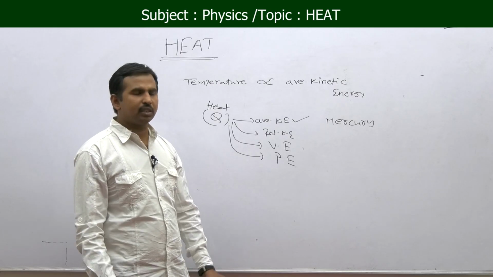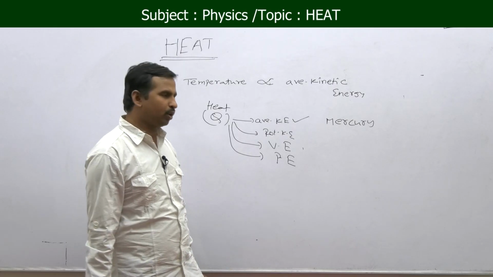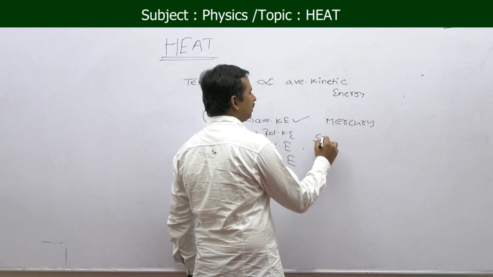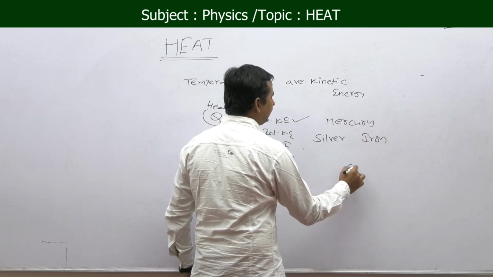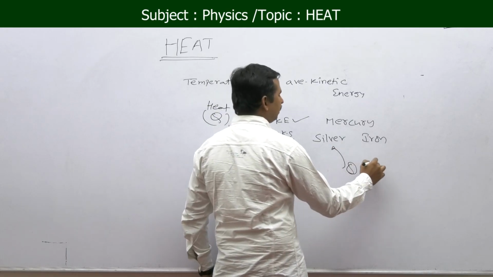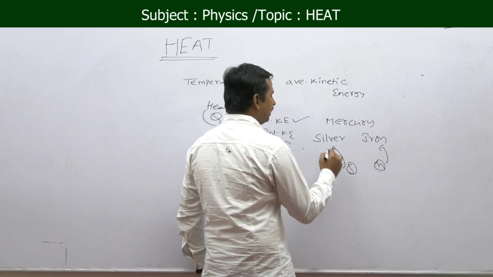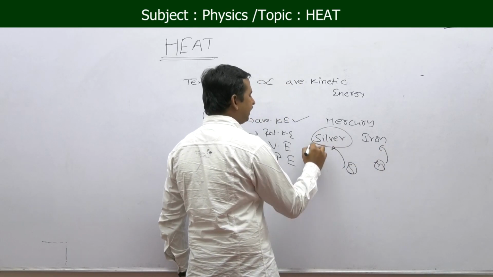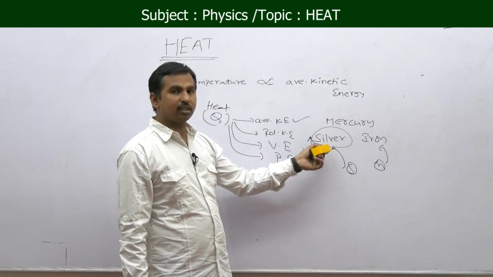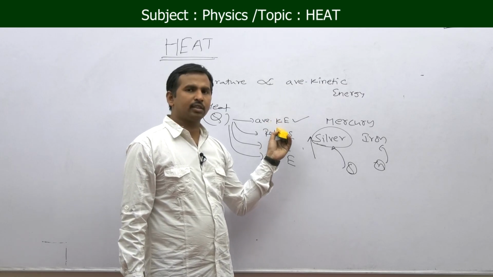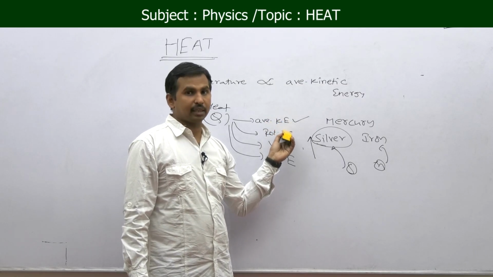Like this, when comparing one body to another, say for example silver and iron, if you supply the same heat energy to silver as well as iron, silver raises its temperature very fast, because it utilizes all its heat energy for increasing its kinetic energy.